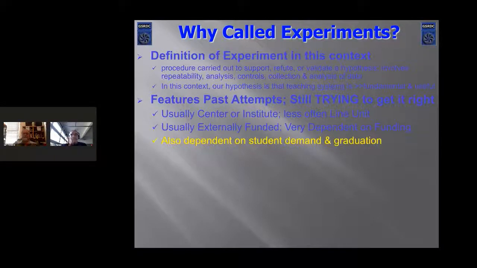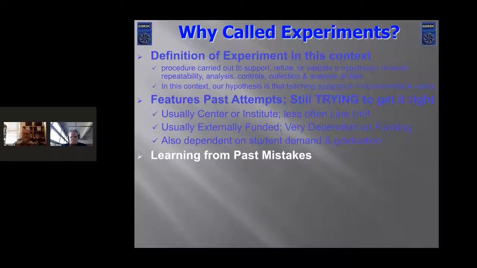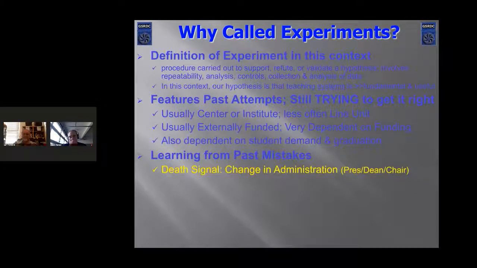It was also dependent on student demand and graduation. And learning from past mistakes, I'm doing what the systems engineers have taught me to do, bluffing at the beginning, where BLUF, in capital letters, means the bottom line up front. The death signal for most systems education programs in the past, and this is up front, was a change in administration.